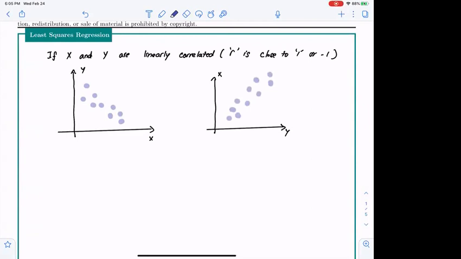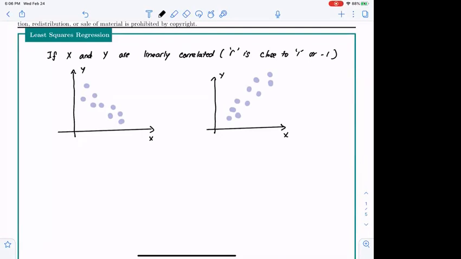So we have two different samples here, one where x and y are related to each other in a negative manner. In other words, as x increases, y decreases.